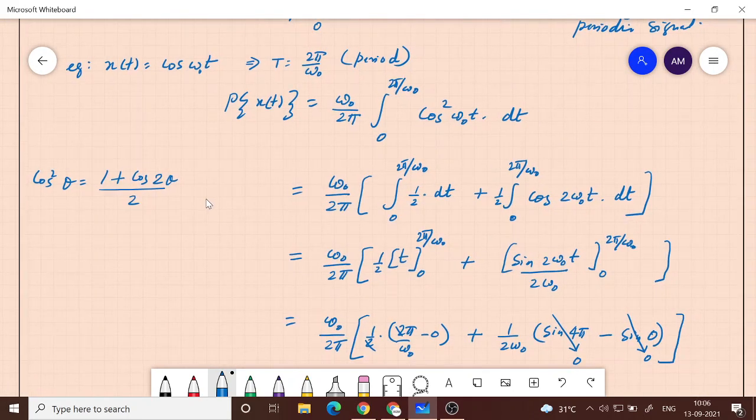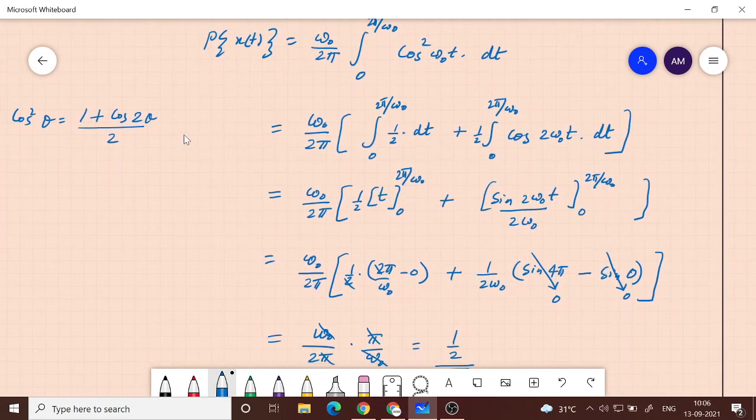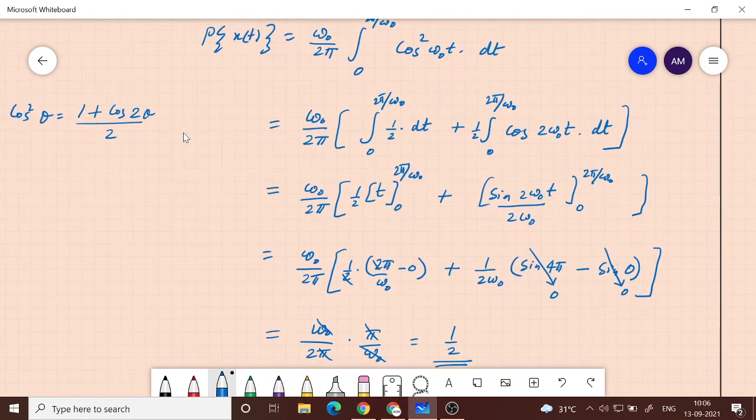Yes, it should be 1 by 4 omega naught. Sir, there is a 2 pi by omega 0 here. No, sir, that upper part, half of cos 2 omega t should come down, this sine one, 2 omega here, 4 omega naught.